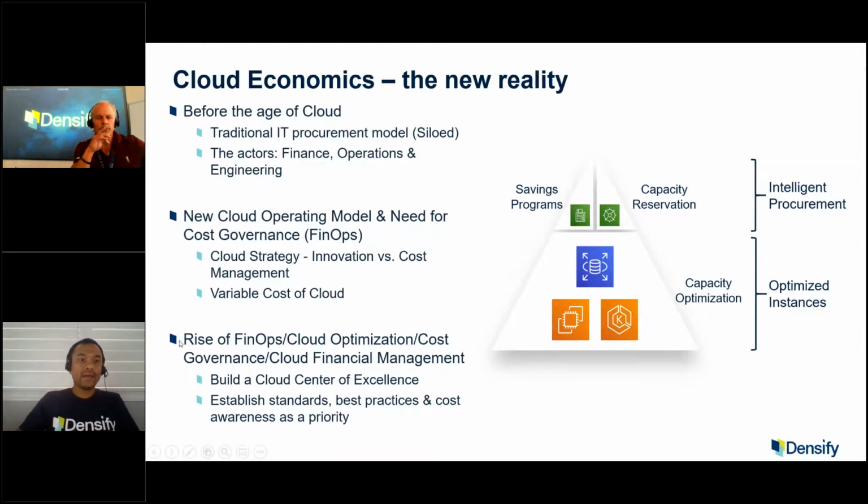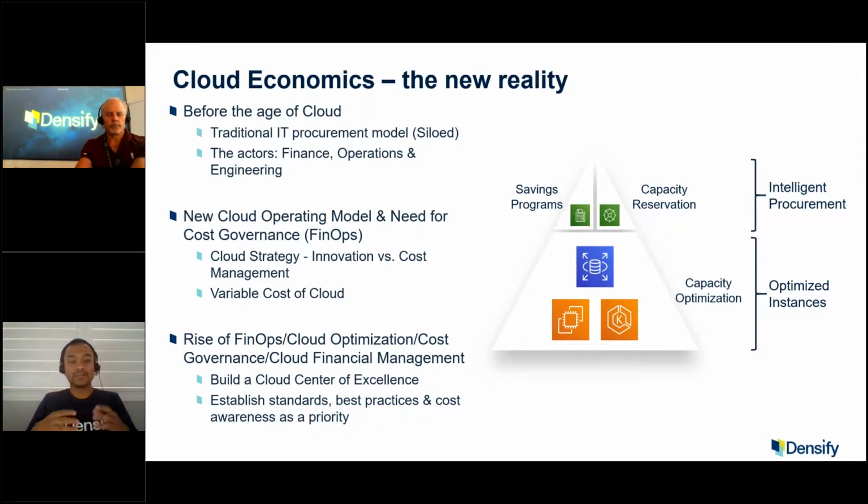And so what we're seeing is this revolution, this dynamic of FinOps, or some people call it cloud financial management or cost governance. What we're doing here is educating customers on building a set of standards and best practices and raising cost awareness across their organization.